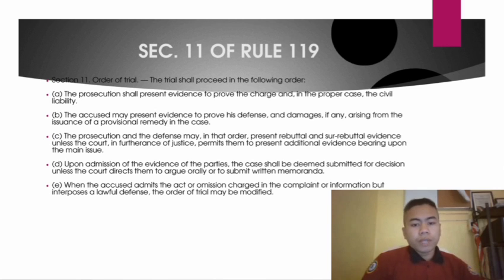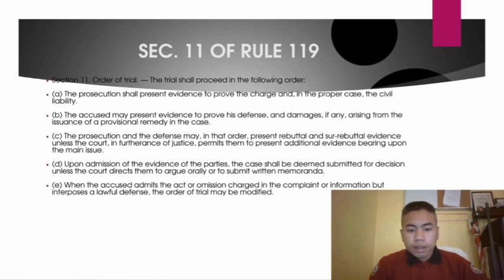Letter D: upon admission of the evidence of the parties, the case shall be deemed submitted for decision unless the court directs them to argue orally or to submit written memoranda. Letter E: when the accused admits the act or omission charged in the complaint or information but interposes a lawful defense, the order of trial may be modified.